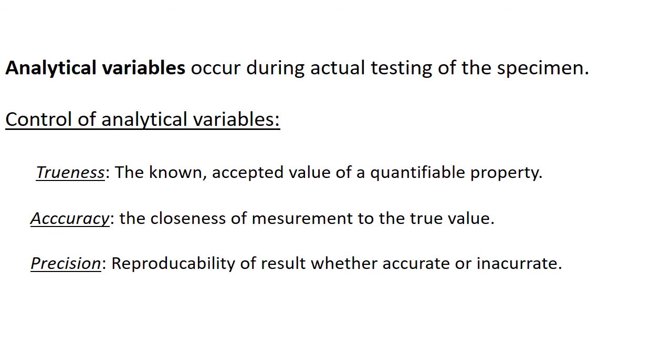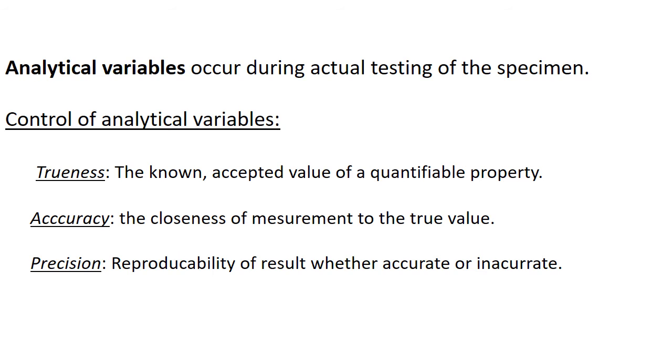That is, first one is trueness. Trueness is defined as the closeness of agreement between the average value obtained from a large series of test results and an accepted reference value. That is trueness. Accuracy.